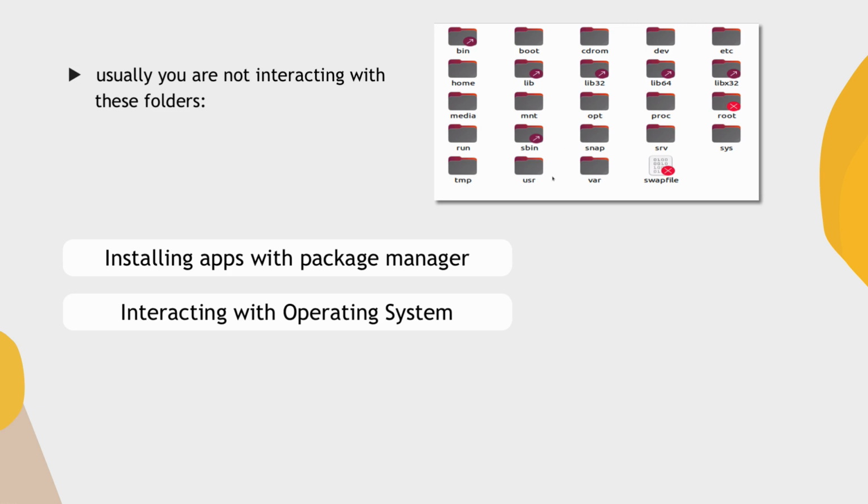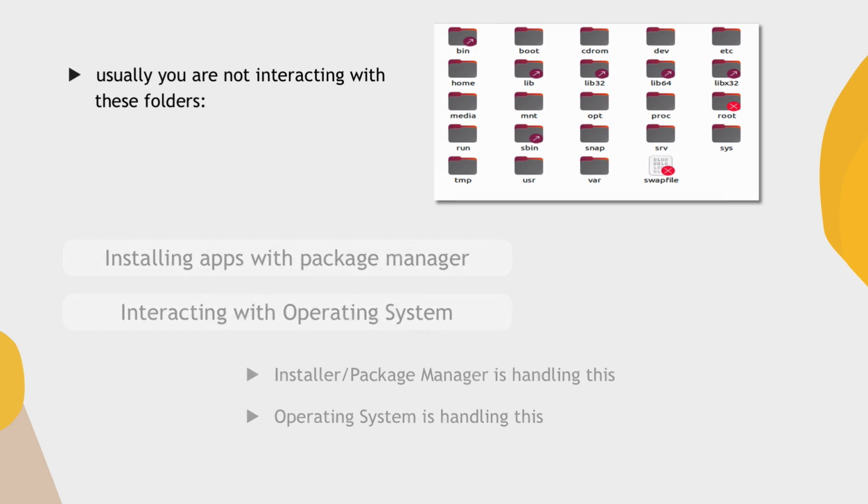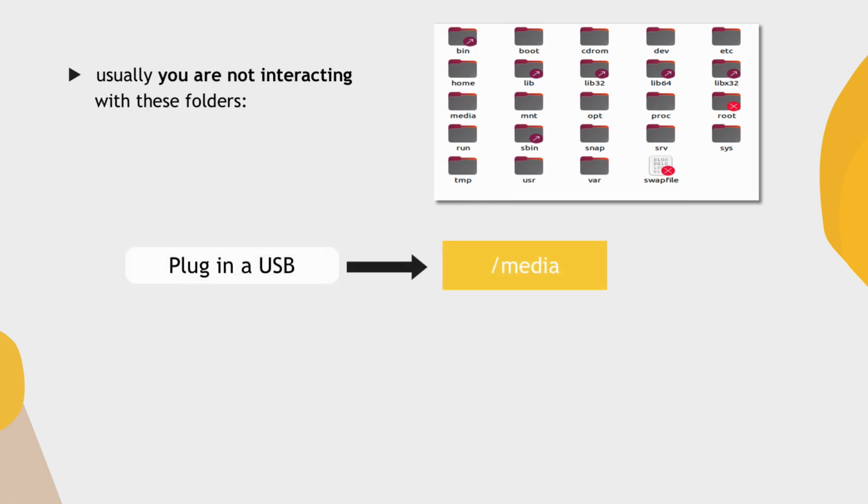Instead, the application installer, package manager tool, or the operating system itself will be updating the folders here. If you plug in a USB, it will automatically be mounted in your system, and you will see the folders or files on that USB without having to mount anything manually. And the same way, when you change configuration in your system, it will automatically be updated in this configuration location in the etc folder.